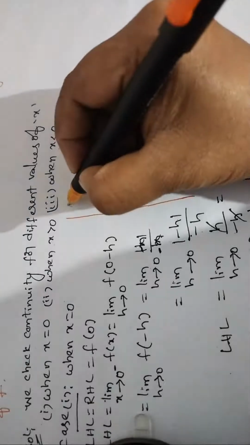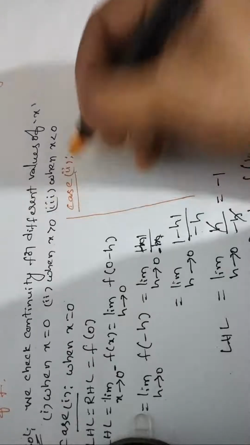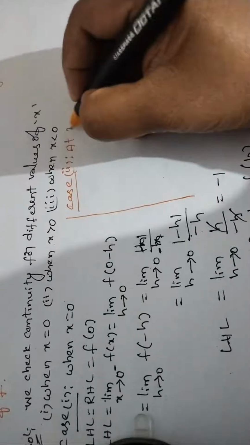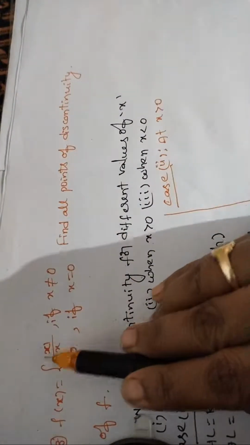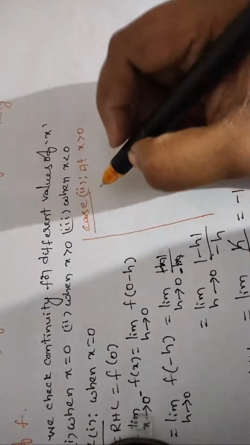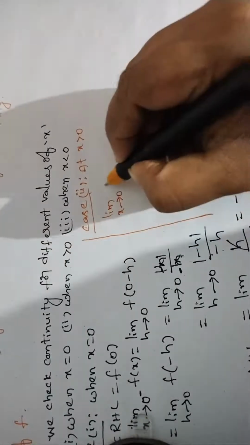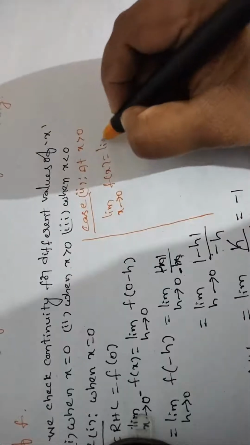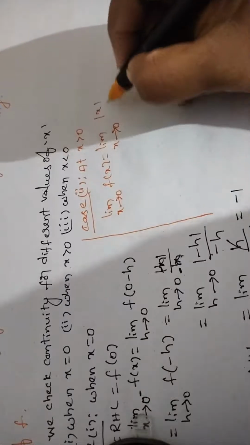Next go for the second case, case 2. When x is greater than 0, the function is mod x by x. Limit x tends to 0 of f of x is equal to limit x tends to 0, x greater than 0, of mod x by x.